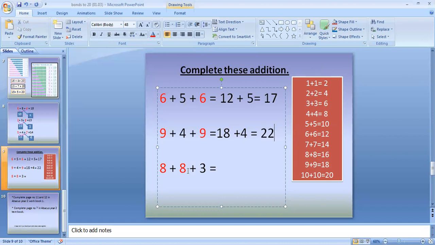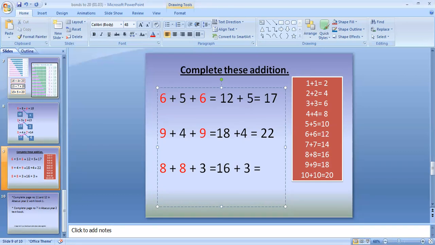Now look at this one. 8 plus 8, where is it? Here. 16. Yes, it is 16. Plus, what is the remaining number? It is 3.